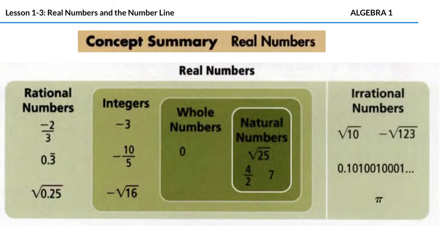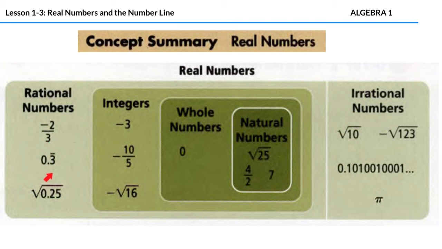So here is a concept summary. All rational numbers and irrational numbers fall under the category of real numbers. Rational numbers are those that can be expressed in the form a over b, where the numerator is an integer, the denominator is an integer, and the denominator cannot be 0.